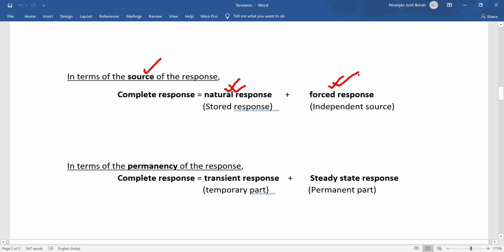In terms of permanency of the response, it can be broken into transient response and steady state response. The transient response decays to zero as time approaches infinity. Steady state response is the behavior of the circuit a long time after an external excitation is applied.